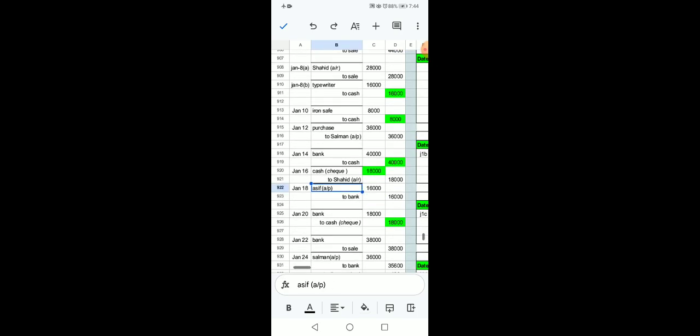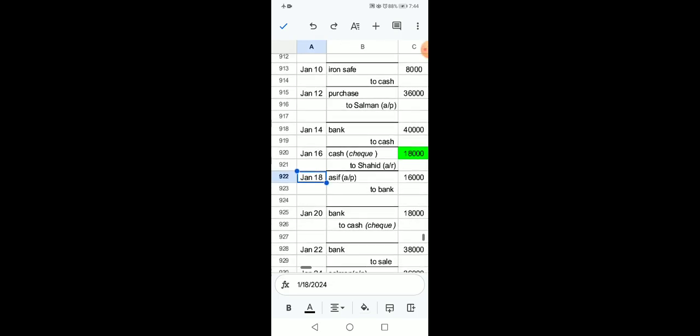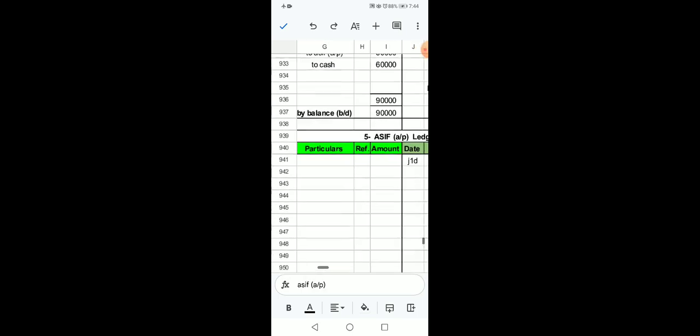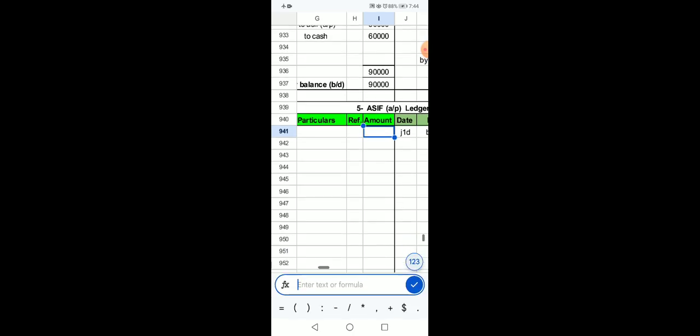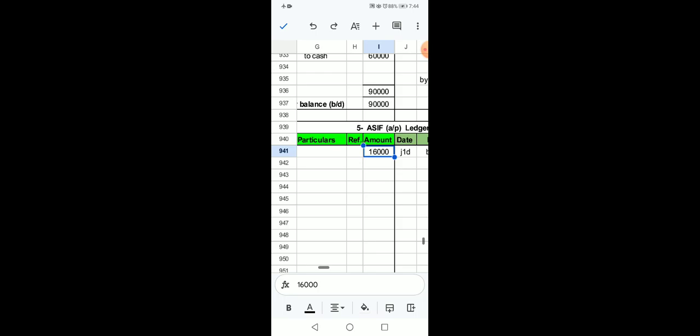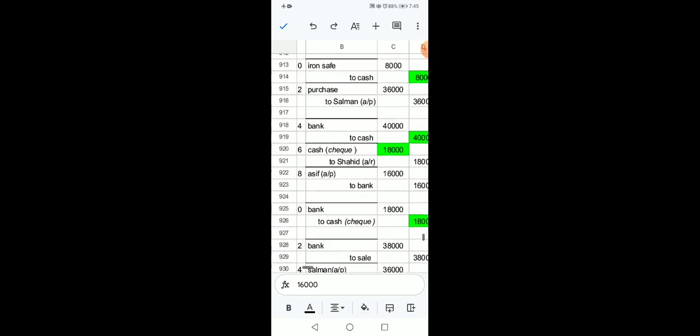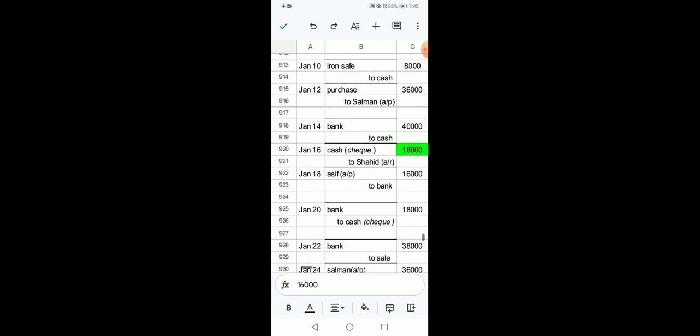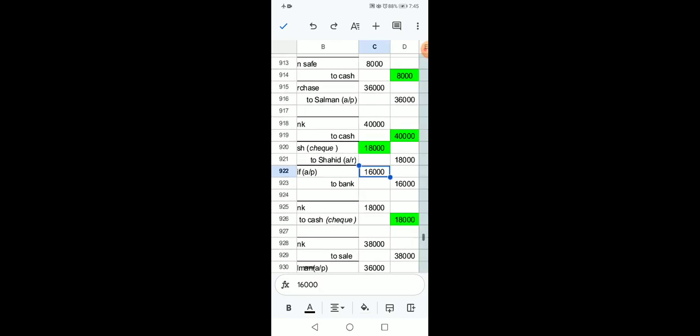Here we have January 18. You can see Asif is present over here. On the debit side 16,000. Go to the Asif ledger and write down the amount 16,000 over here. It was 16,000 I hope. Yes. Asif January 18, 16,000 is debited.